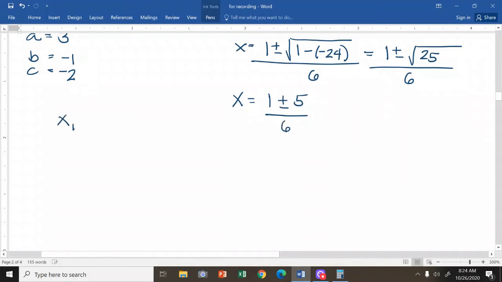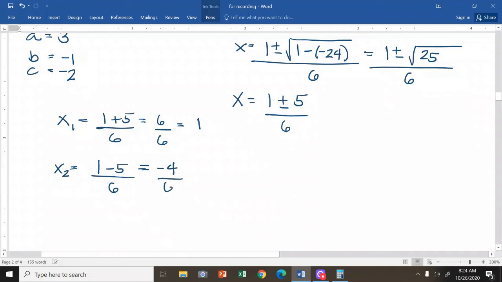So, yung first value, x sub 1, that is 1 plus 5 over 6. So, 1 plus 5 is 6 and then over 6. So, 6 over 6 is 1. Yung x sub 2 naman natin, meron tayong 1 minus 5 over 6. So, this is 1 minus 5, meron tayong negative 4, and then over 6.